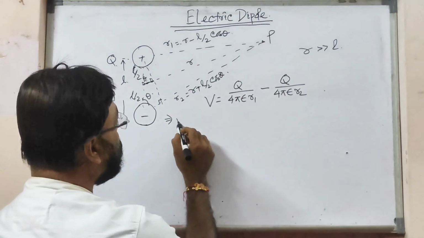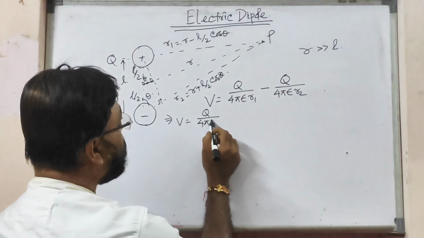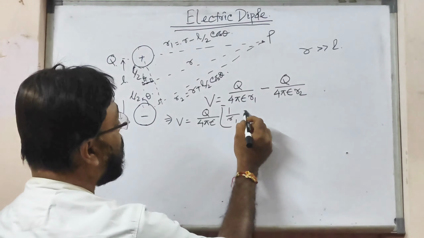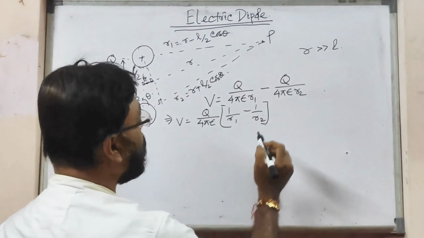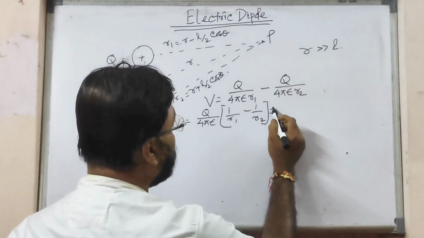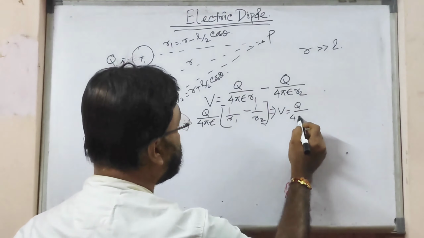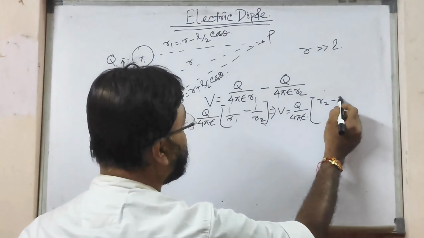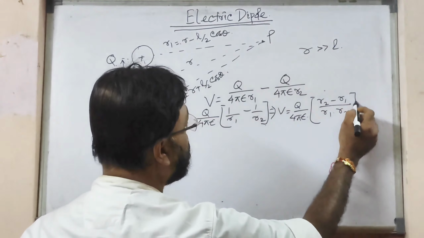So V is equal to Q by 4 pi epsilon common, into 1 by R1 minus 1 by R2. Again you can write V is equal to Q by 4 pi epsilon into R2 minus R1 divided by R1 into R2.